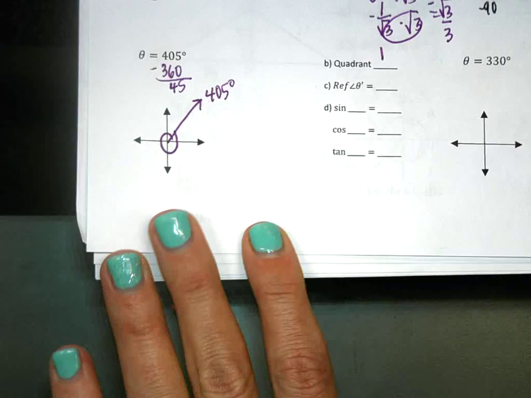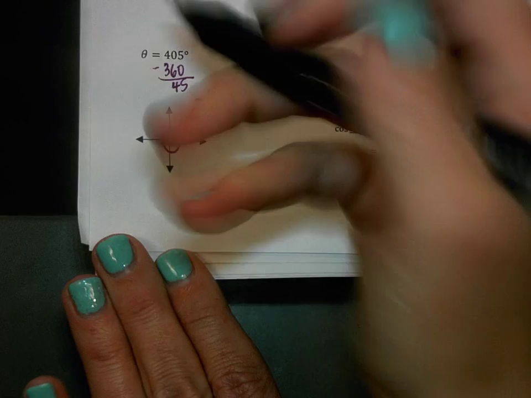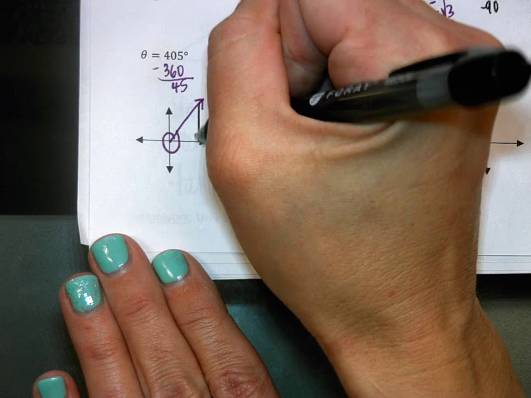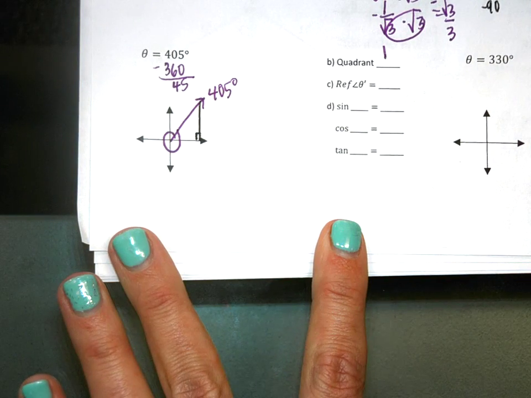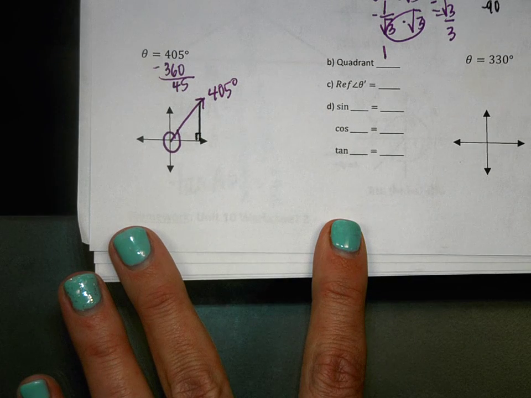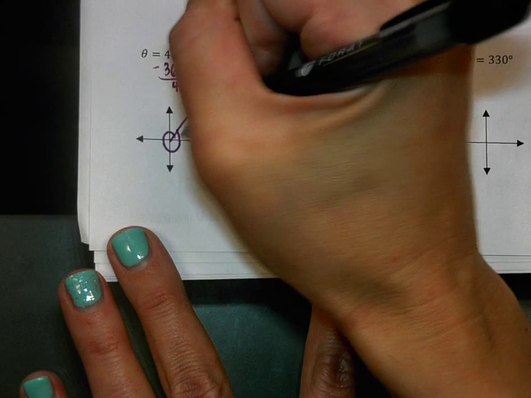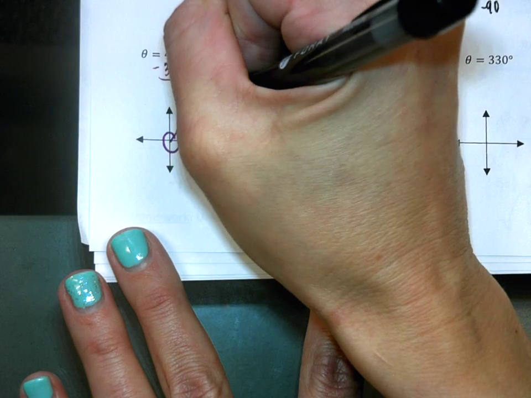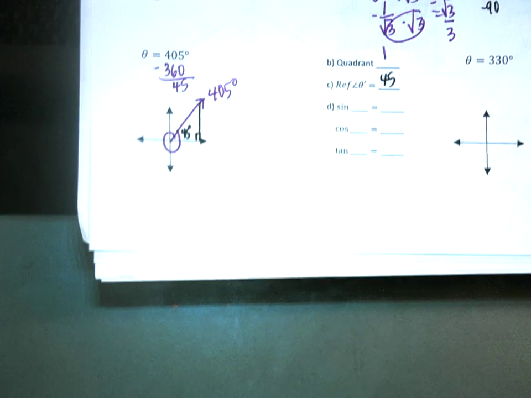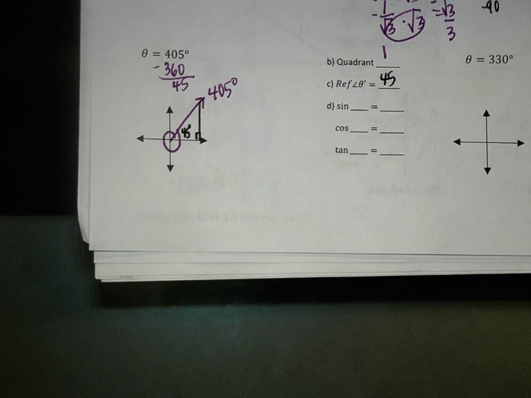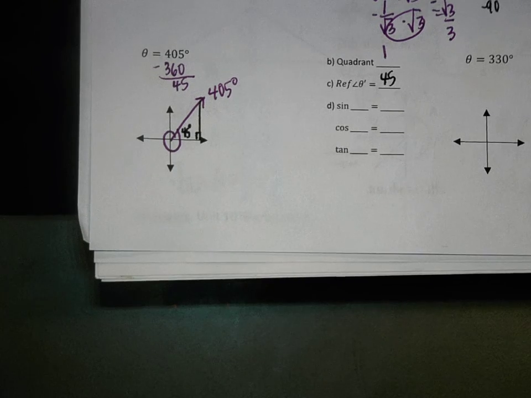Okay, so my reference angle will be how much? 45 degrees is correct. Also remember, and this is why I say those 3 rules, it's less than 90. So if it's not less than 90, then you know, oh, I made a mistake and I need to go back and reevaluate, okay?